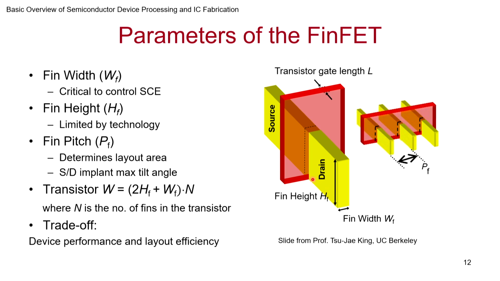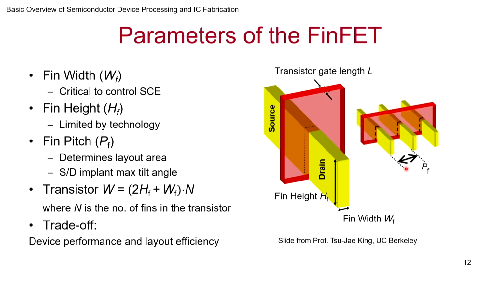That's very interesting. It will be all along this, so H one time, and then all along the top, that is W one time, and then again H all along. So W for a single fin will be 2HF plus WF, where HF is the height of the fin and WF is the width of the fin.